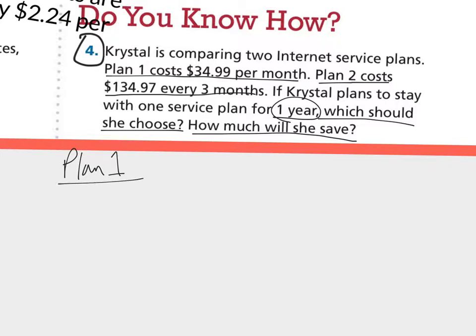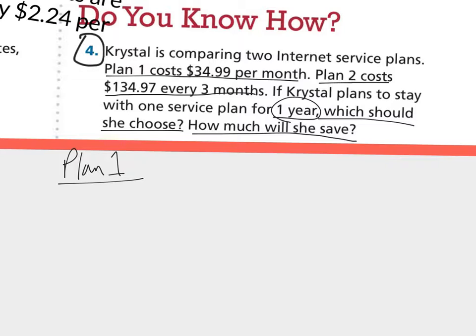There's a couple ways you can do this. One way, we could just find the unit rate for the other plan as well, and then figure out from there, figure out how much she would save per month, and then figure out how much she would save for a year. Or we could just get both of these to being a year. I'm just going to get them both to a year, but again, whichever way you do this, you should come up with the same answer.